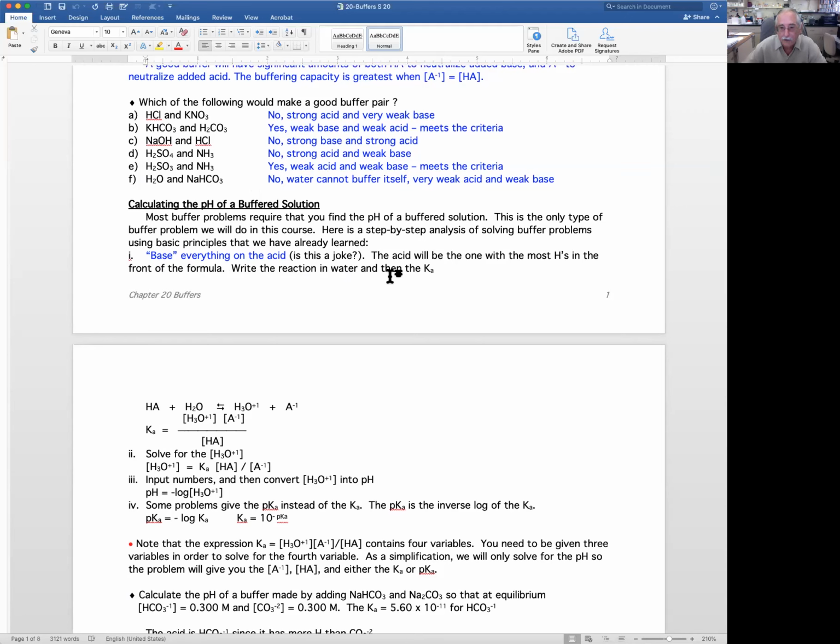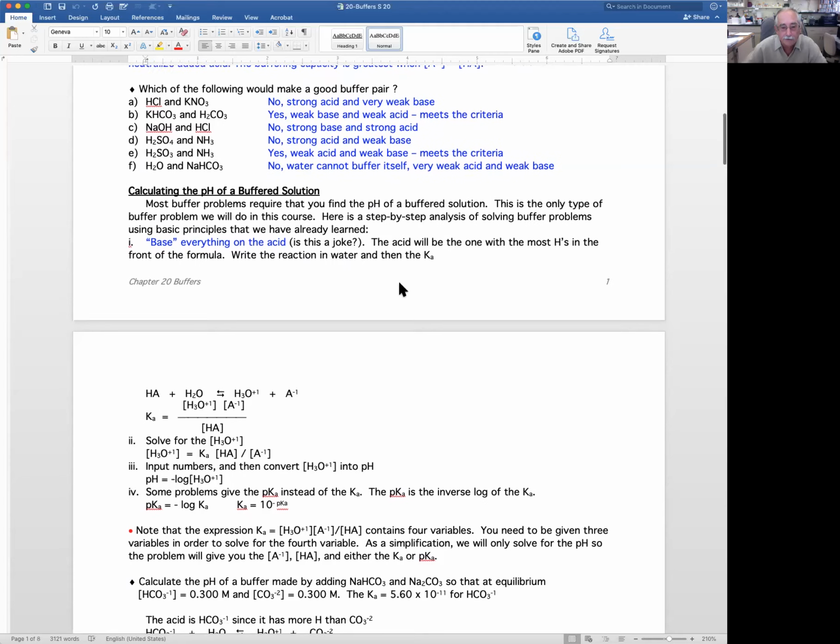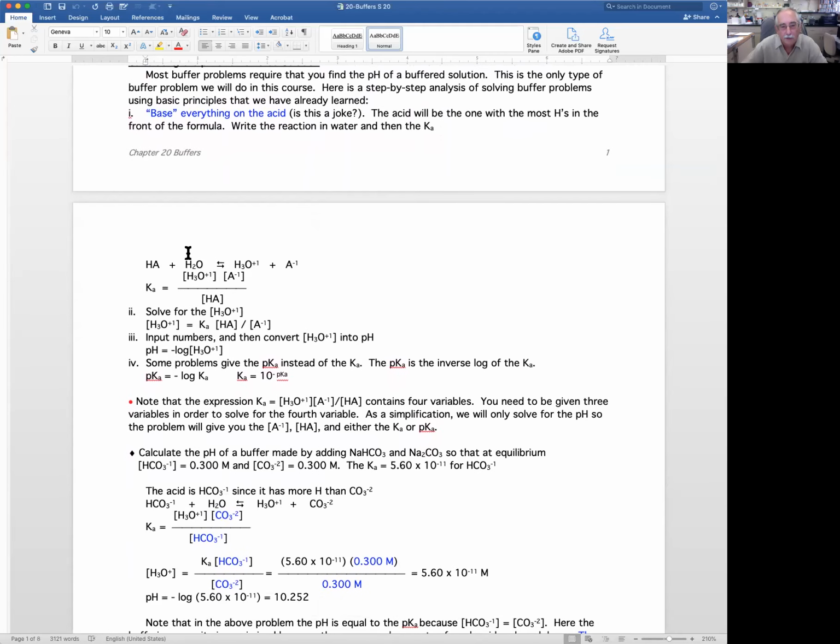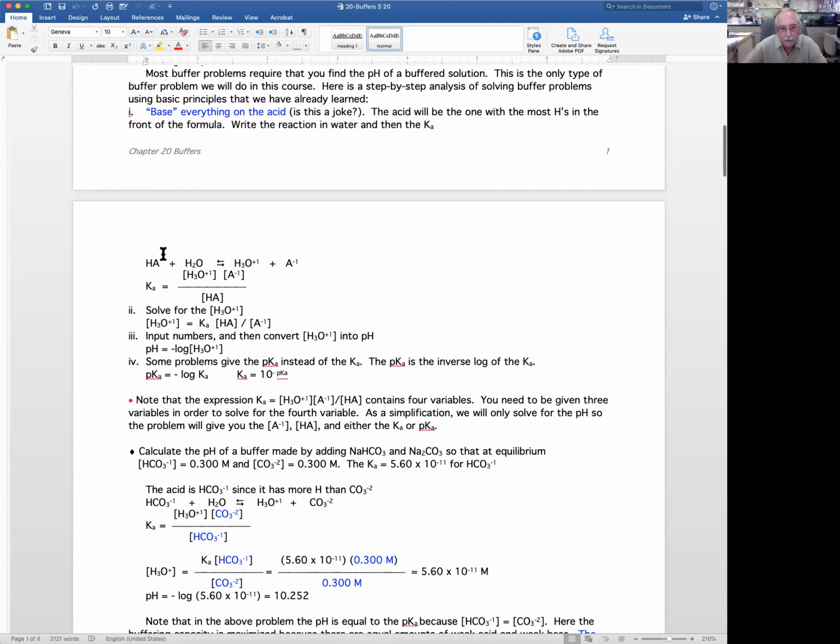So we have to figure out which one is the weak acid and which one is the weak base. So I take the acid and I dissolve it into water. That's something we had to learn from chapter 19. And then we take the equilibrium constant for that, also known as the Ka, products over reactants. Also something we learned in chapter 19.